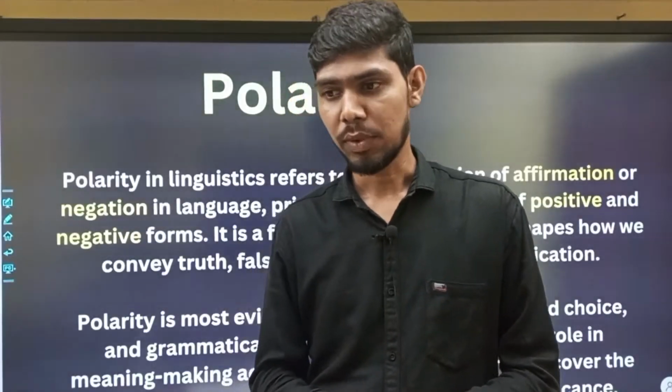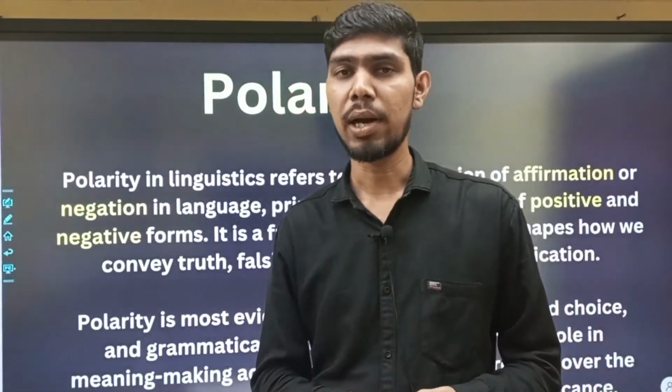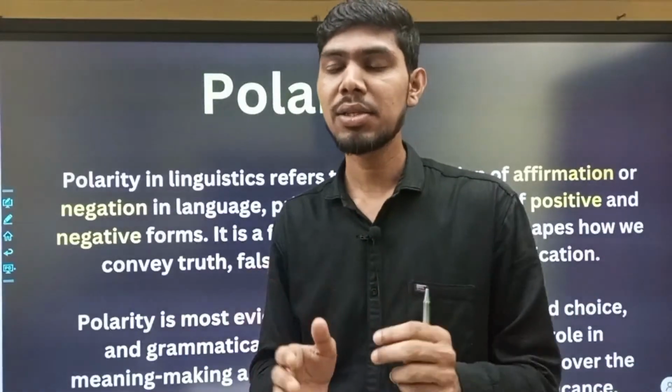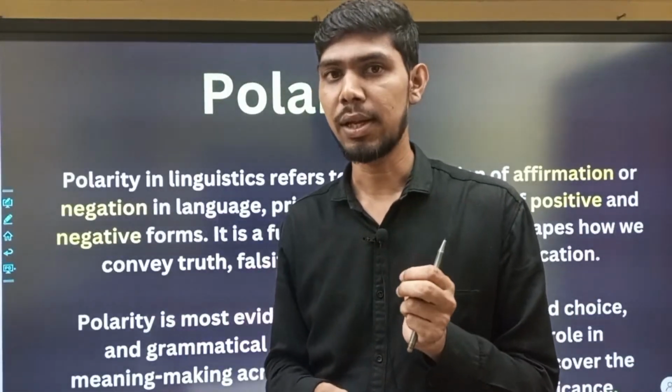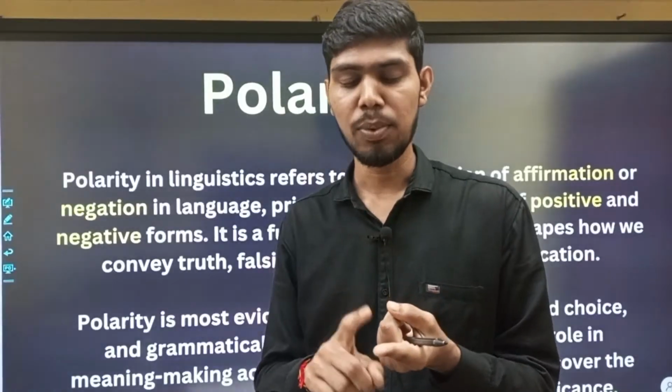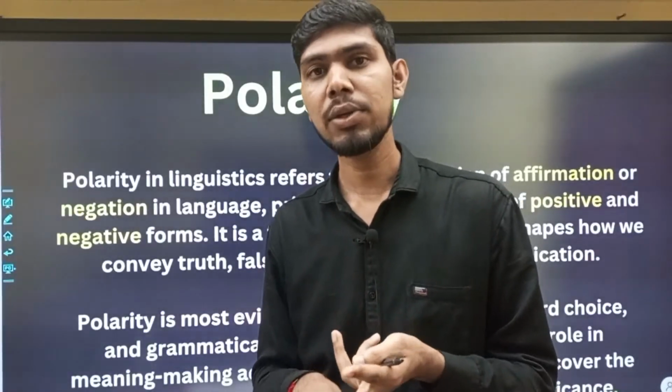What do we mean by polarity? You must have heard about the south pole and north pole. In the same way, there are two kinds of sentences in the English language: the positive sentence and the negative sentence.